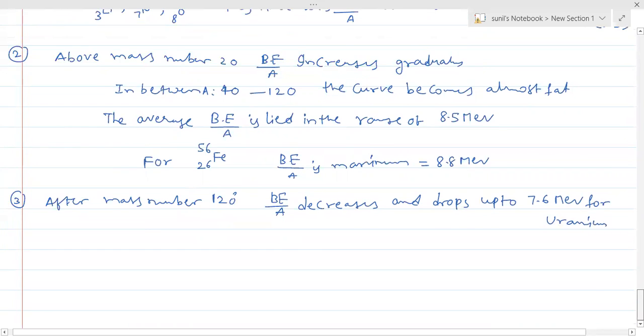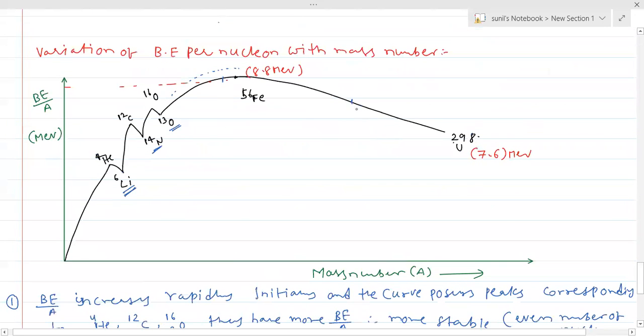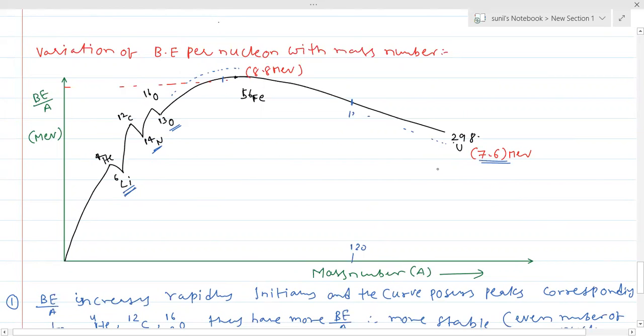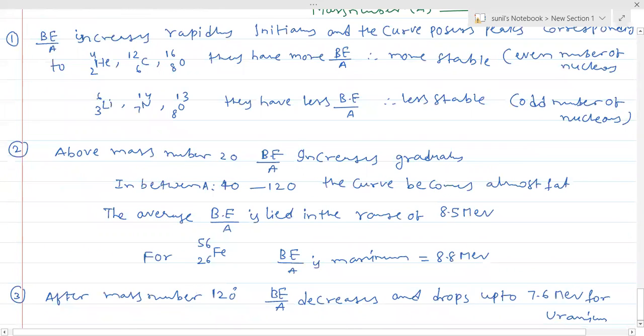You can see it in our graph. Whenever it crosses the mass number 120, the binding energy per nucleon gradually decreases and becomes minimum, just 7.6 MeV. And it is maximum for iron 26, 56. So these points.